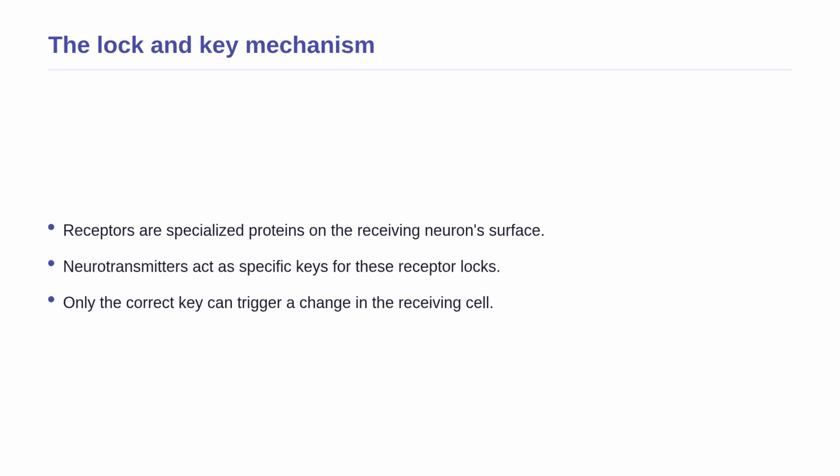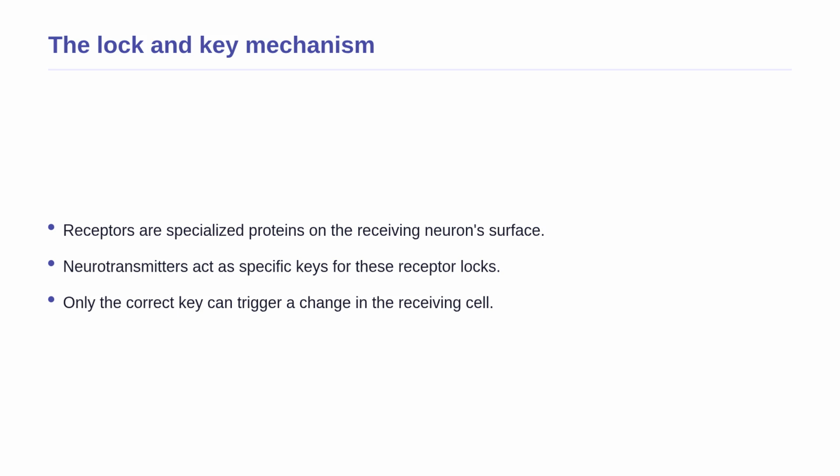Now that we know how the message crosses the gap, we must ask how it is received. The second neuron has special receiving stations on its surface called receptors. You can think of a neurotransmitter as a highly specific key, and the receptor as a highly specific lock.